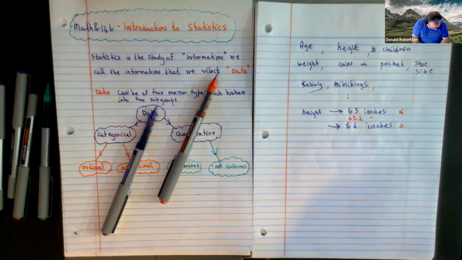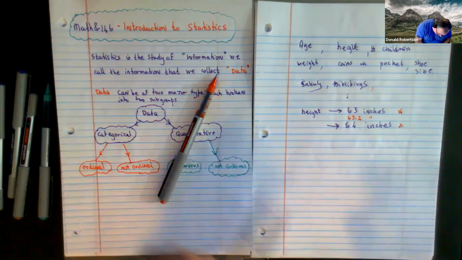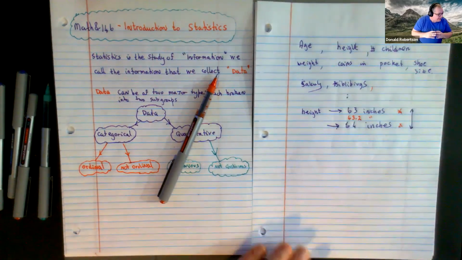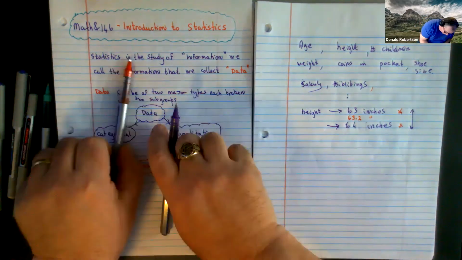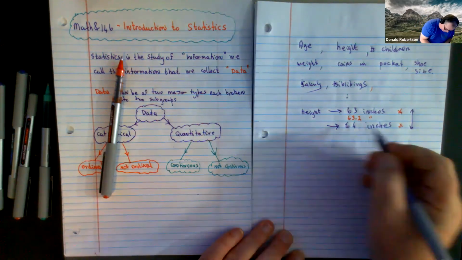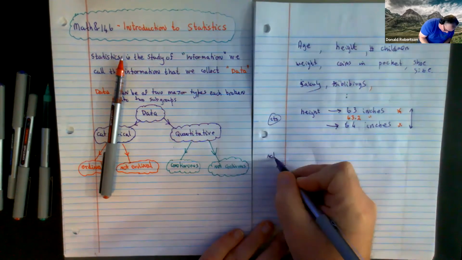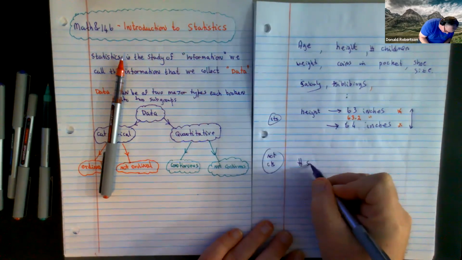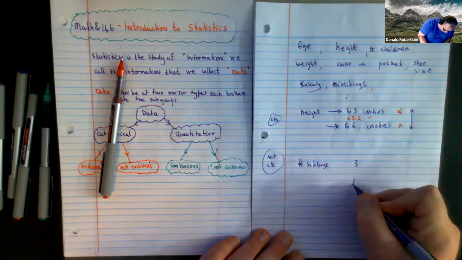So height is continuous. If you can get any value between 2 consecutive numbers, the data is continuous. So this is continuous, CTS for short. Let's look at something that's not continuous. How about the number of siblings in your family? Couldn't you have 3 in your family or 4 in your family?